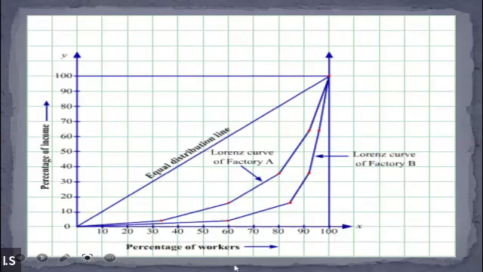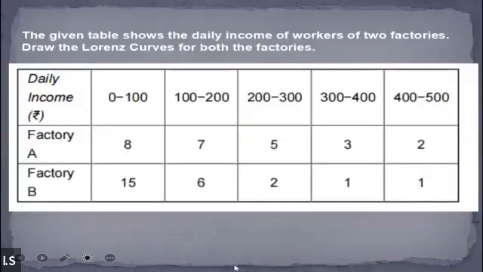In what condition should we draw two Lorenz curves? No, see, whenever we need to present two pieces of information subject to one particular variable. Like in this example, we have the information about the factory workers, factory A and factory B, with respect to income.